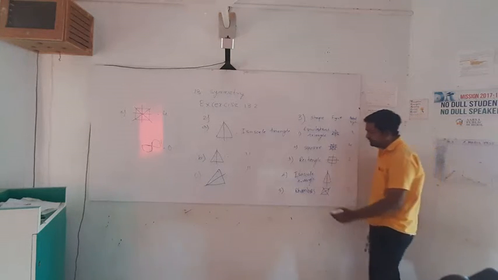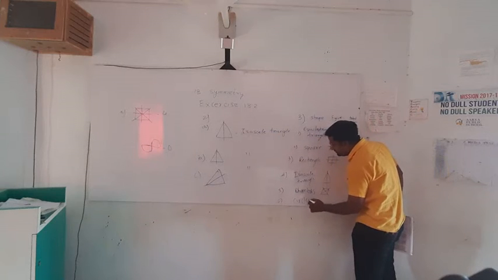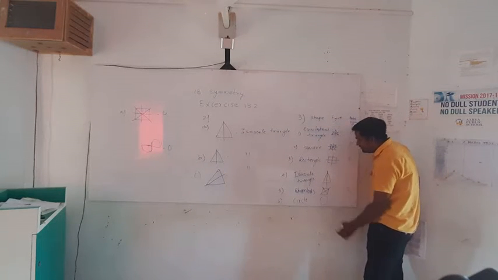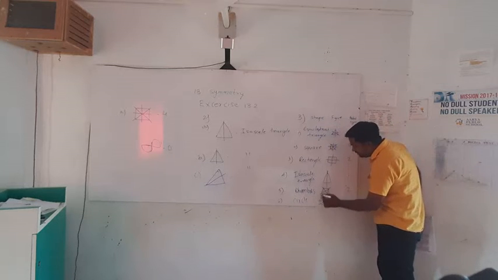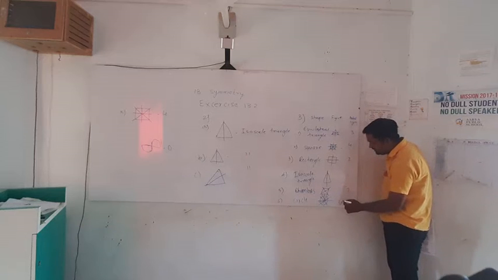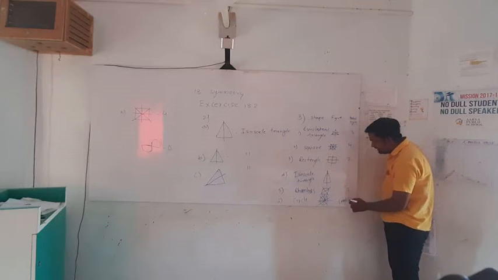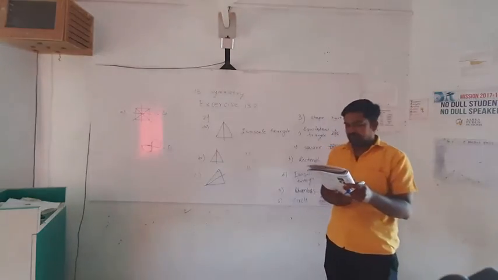And the last one is a circle. Yes, so a circle has countless lines of symmetry. You can draw many lines in that shape. So your answer is countless. Infinite lines of symmetry.